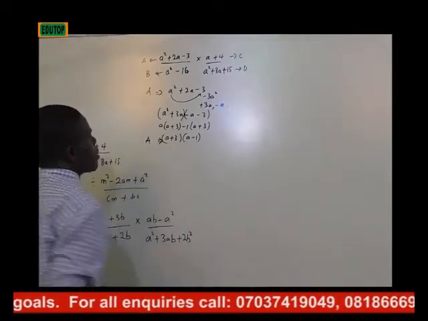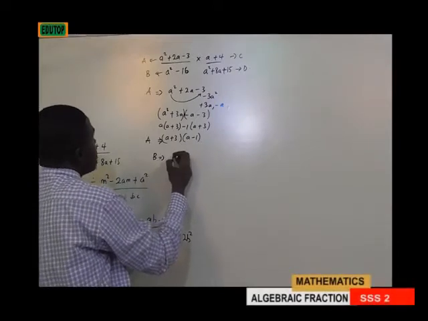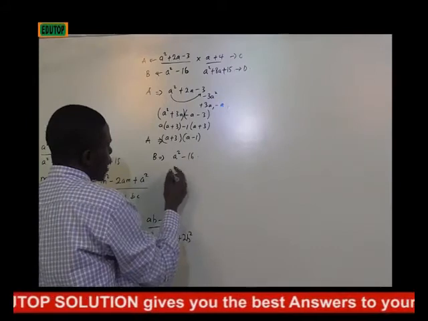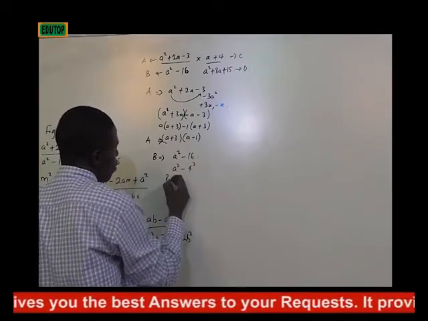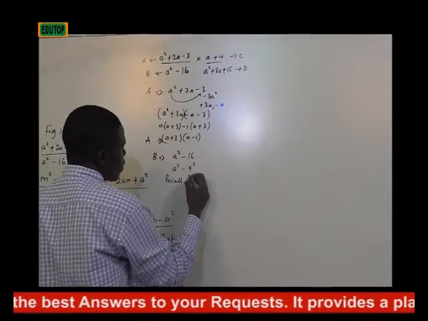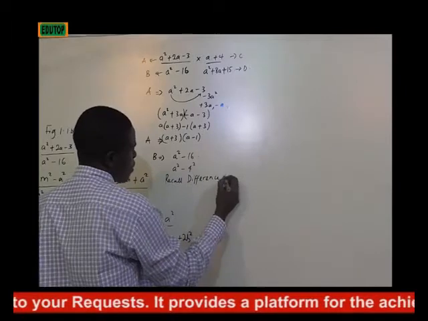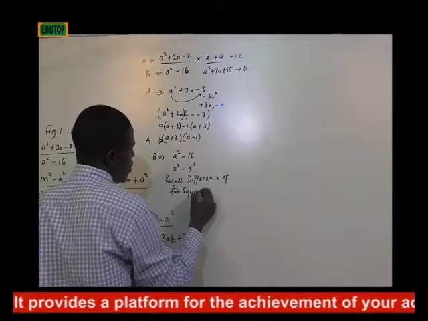The A is this. Then the B. The B has a squared minus 16. If I look at this, I can say a squared minus 4 squared. Recall the difference of two squares.